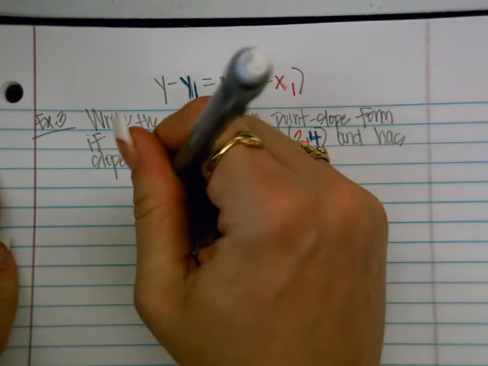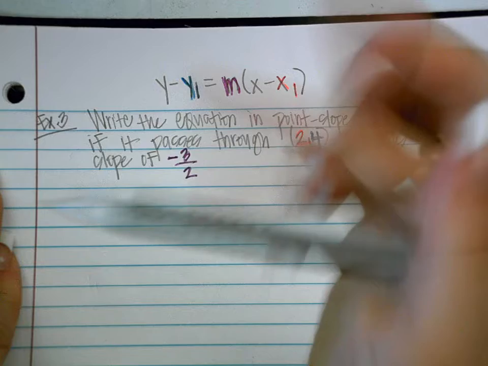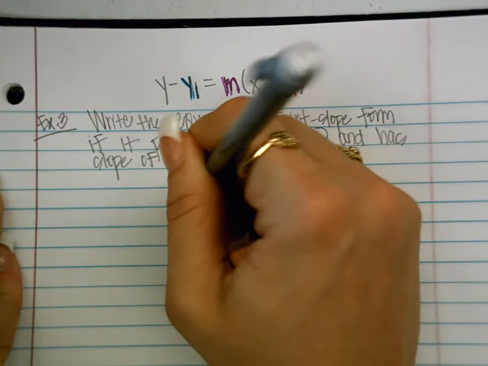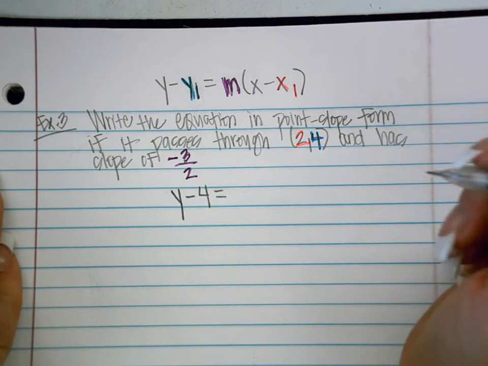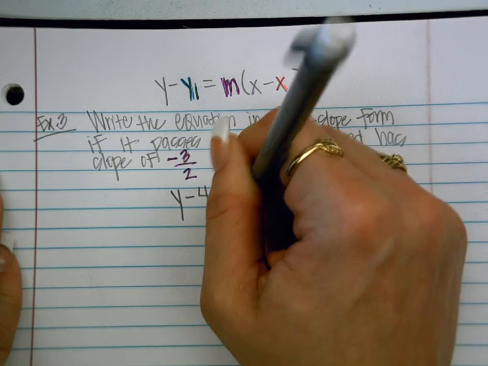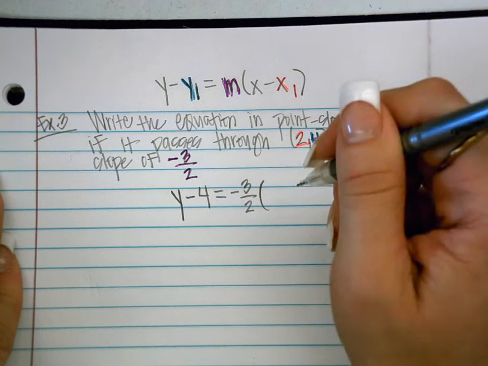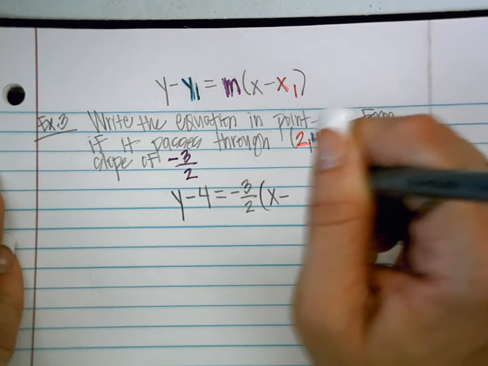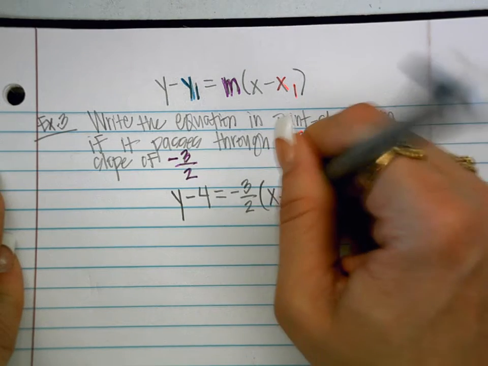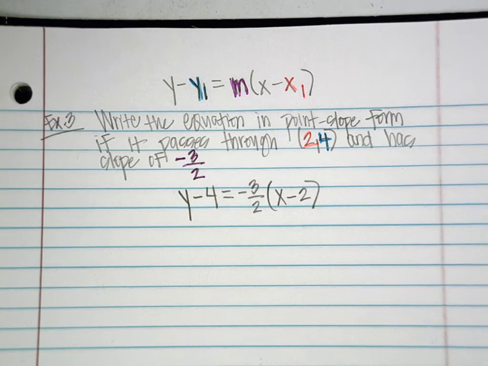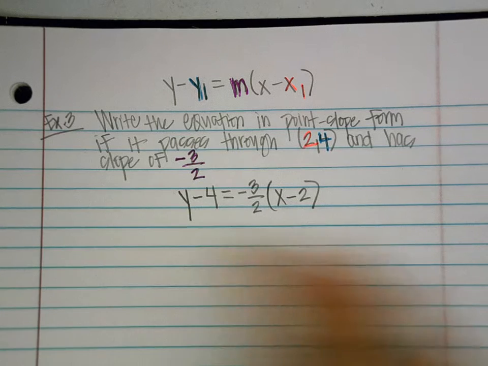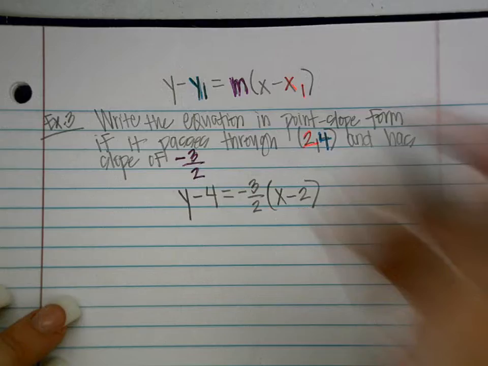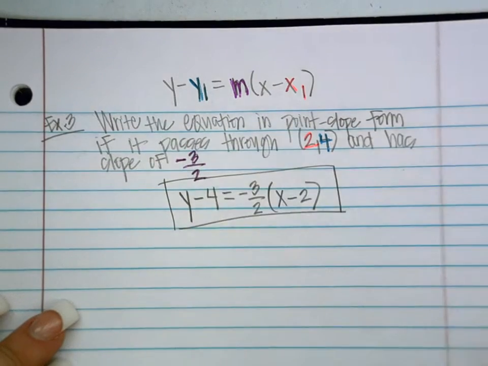So y minus, you always start with y minus. Y minus, what's y1? 4 equals, what's your m? Negative 3 over 2 times, what's x? Just x. X minus x1 is 2. Is there anything I need to do there, do I need to fix anything? No, there's no distribution, there's no negatives, so that's your answer. Okay, this is written in point slope form.